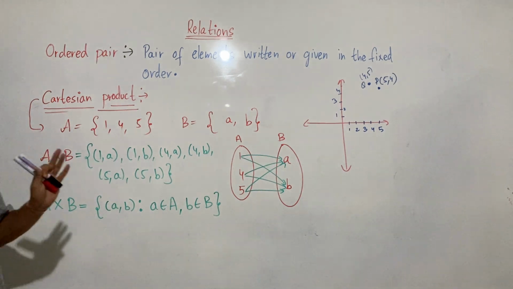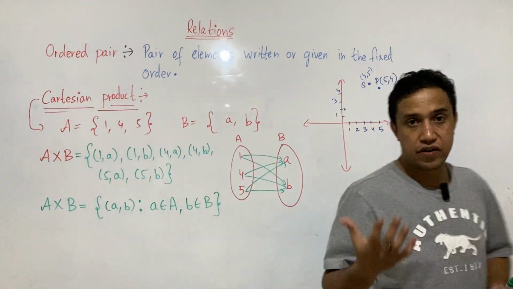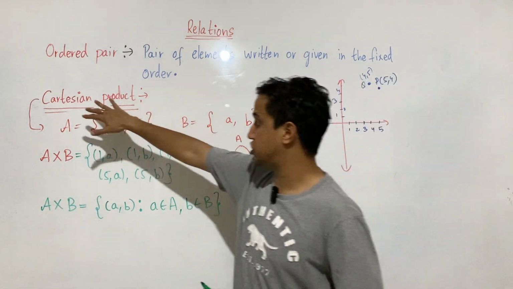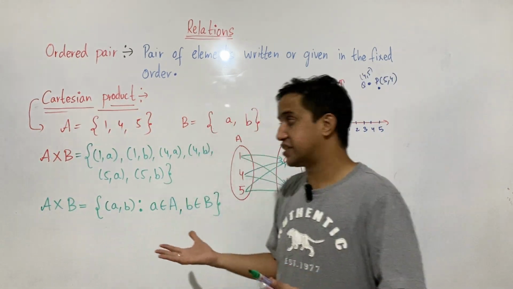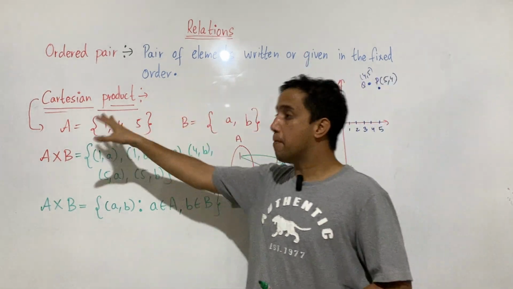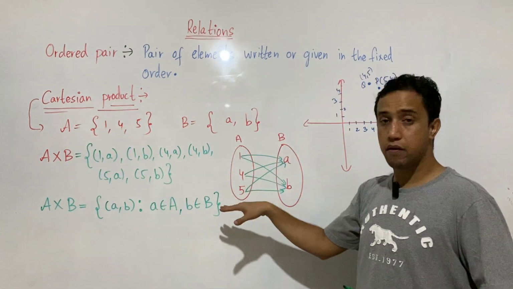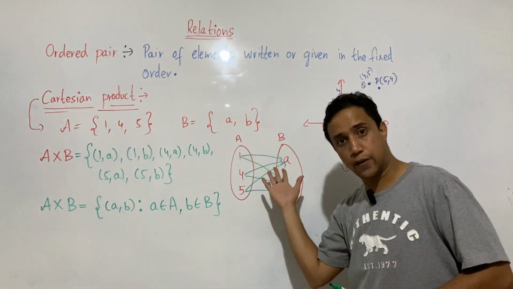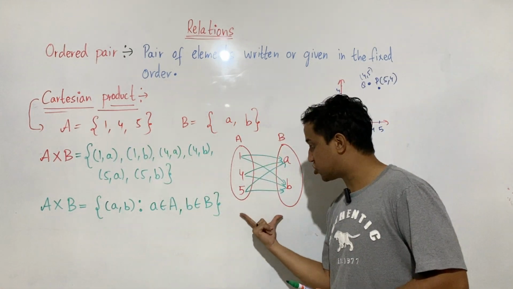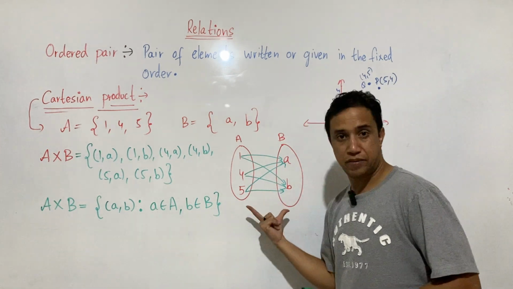Just remember, whenever we have to find the Cartesian product of two sets, it means we have to pair each element of the first set with every element of the other set. This is just the visual representation.